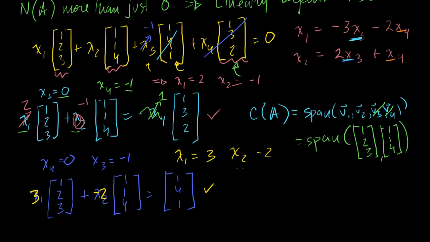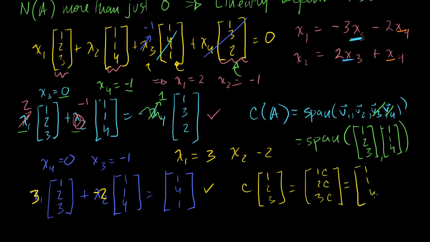Let me put it this way. If I want to represent this guy as a scalar multiple of that guy, so any scalar multiple of (1, 2, 3) is going to be equal to (1c, 2c, 3c), right? And so we're saying this guy has to be represented somehow like that. If we say that this guy can be represented by that guy, then that would have to be equal to (1, 1, 4).